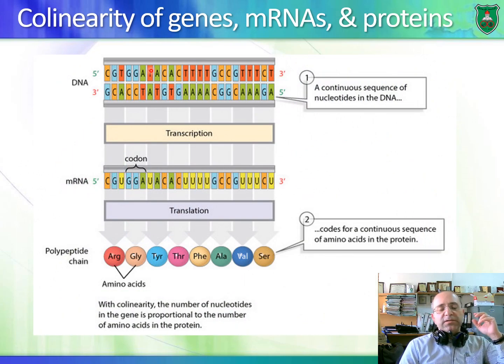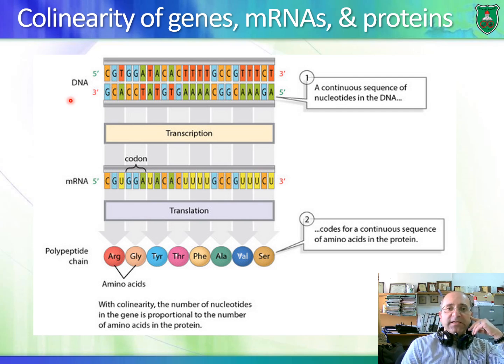Now, a very important point is that decades ago, when the scientists started studying DNA and realized that it is the functional hereditary molecule, they noticed that there is some sort of collinearity between genes, messenger RNA molecules, and proteins.